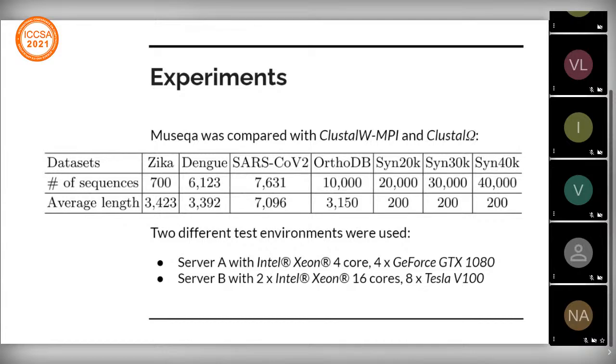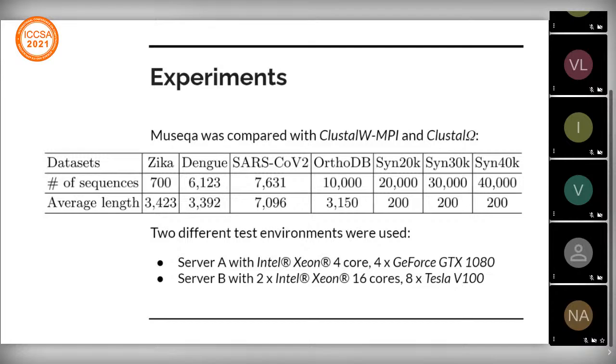So although they do not use the same algorithms as we do, we compared with it, so we can have a measure of time and quality of the alignments produced. So the data sets we use are here, and we use two different test environments, in which these are only the relevant nodes that we used for our tests.